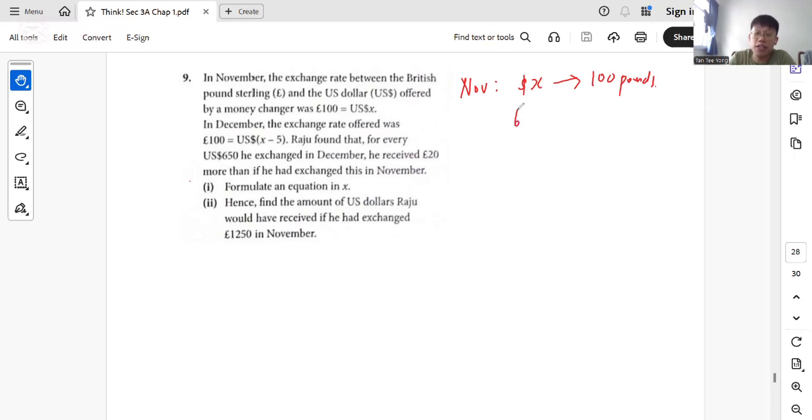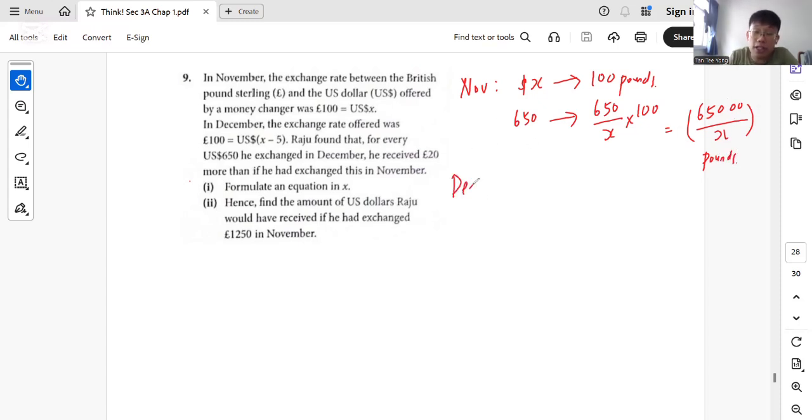So if you change 650, it will be 650 over X times 100. So you will have 65,000 over X pounds. This is in November.